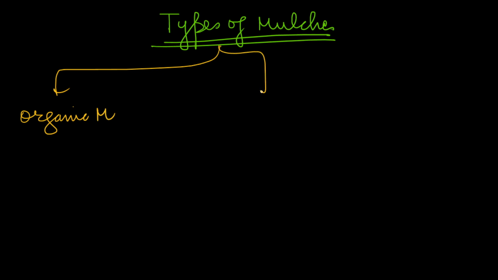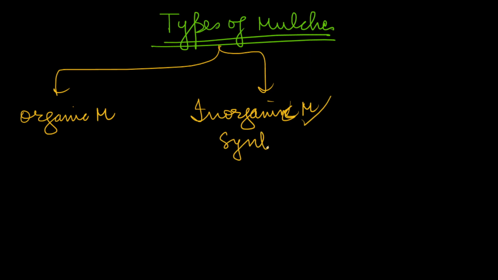And inorganic mulches are also known as synthetic mulches. So these are generally the two types.